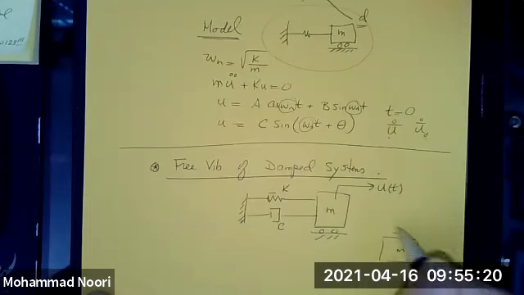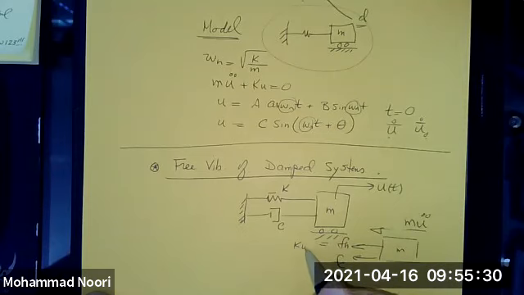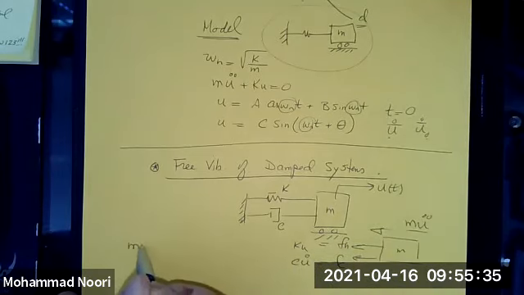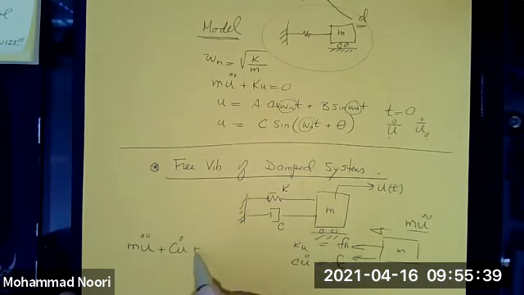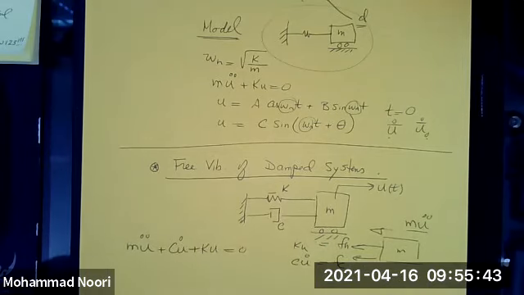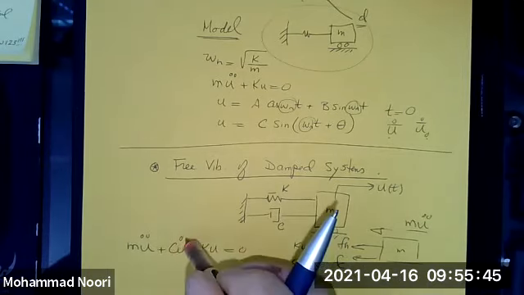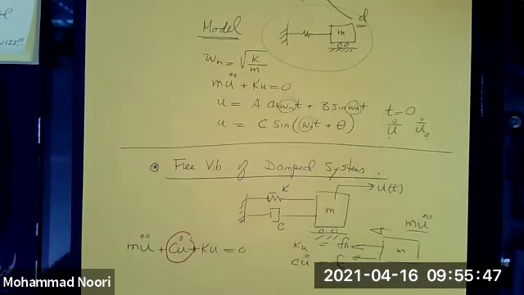This is the mass moving in that direction. So this is the inertia force. This is the force of the spring, Ku. This is the force of the damper, Cu dot. And we set up the equation of motion, which looked like this, right? So what is different in this equation, the only term that is being added is this.